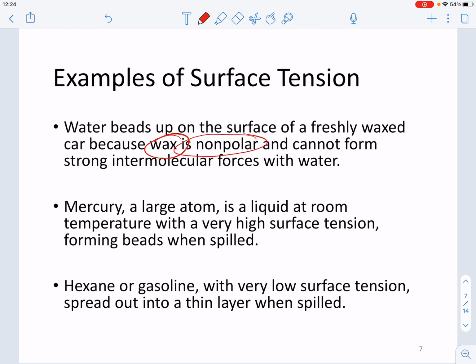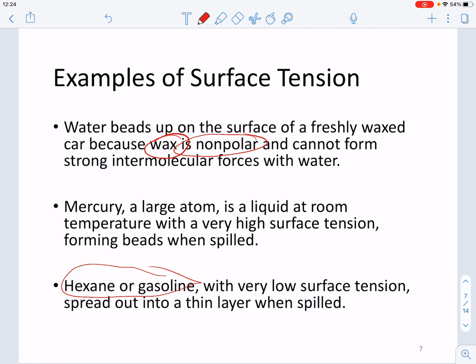So here, with hexane or gasoline, it's a non-polar substance. The intermolecular forces are much weaker, so they will tend to form spills and produce a thin layer on the surface. Okay, water would not want to do that.